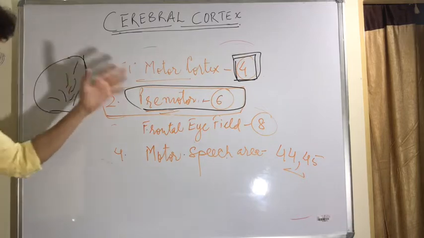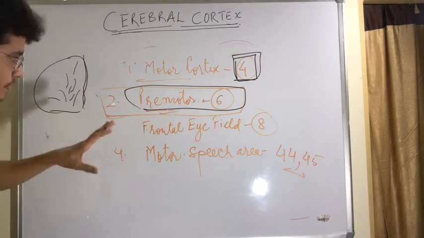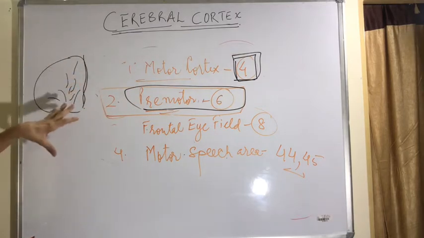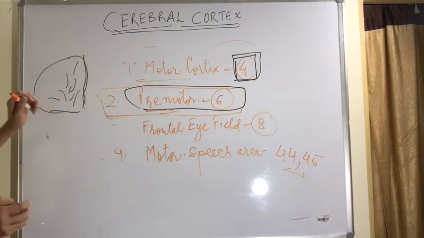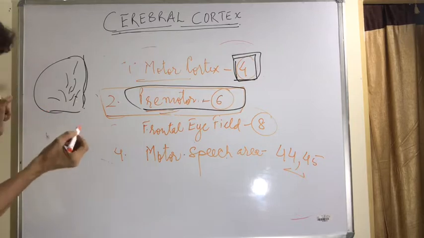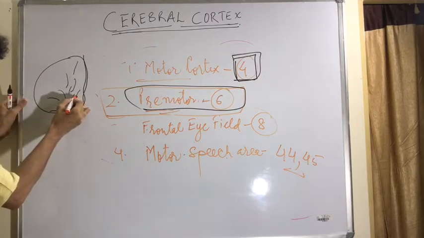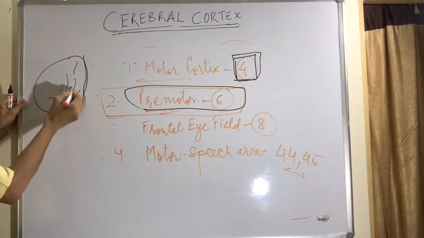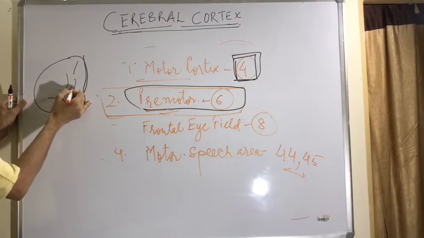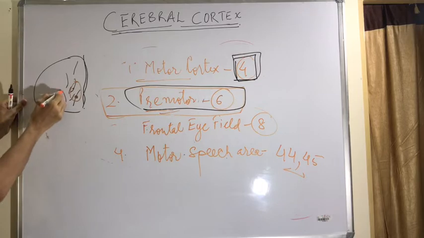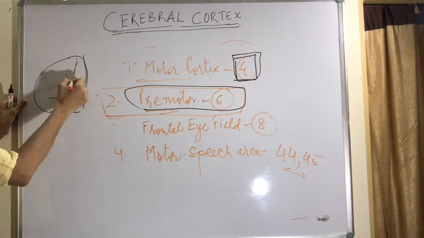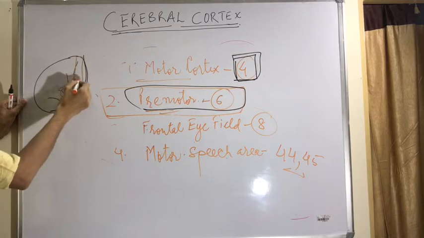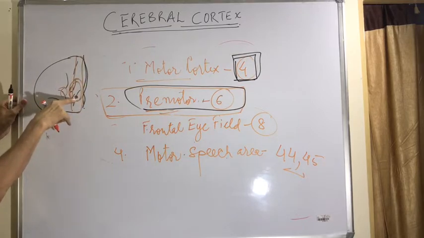In the next class we will talk about the blood supply in detail. For the time being, to understand how these areas are involved, say an embolus comes and obstructs only these two, this area will be involved. If it involves this branch, then this area will be involved. So this is the primary motor cortex, and only this part of it was involved in this situation.